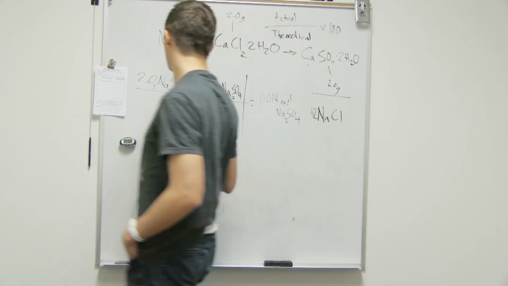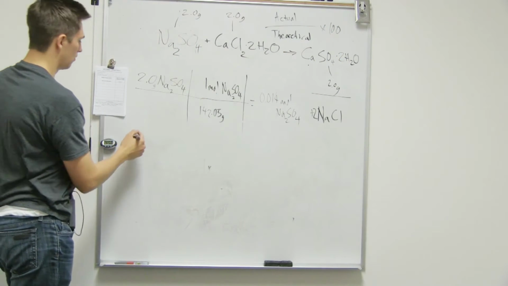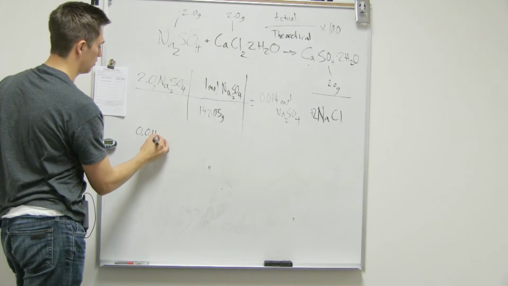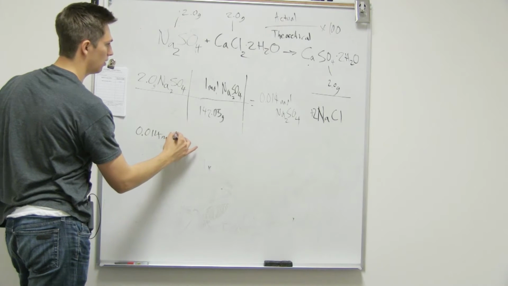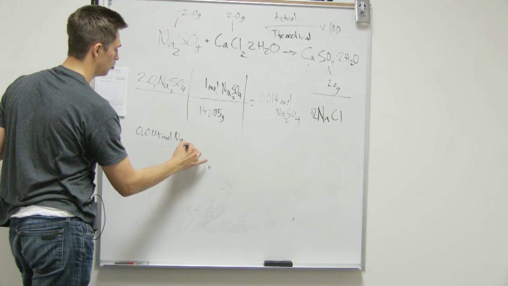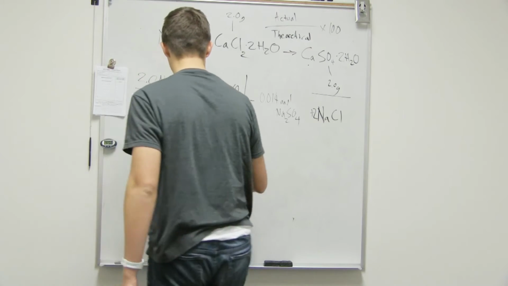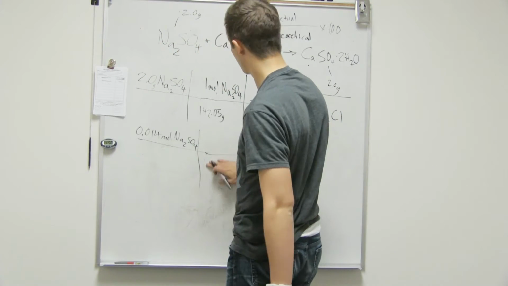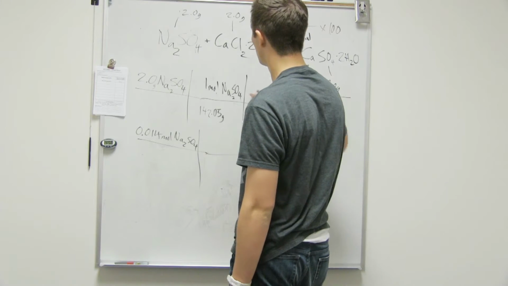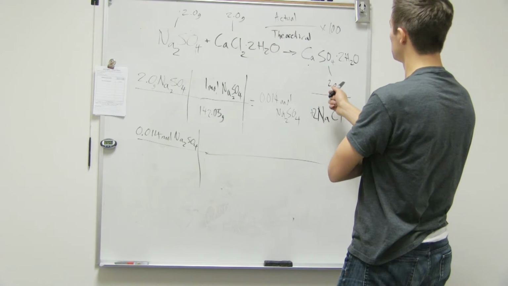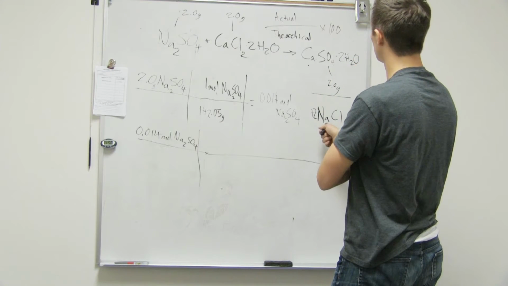Come down here. I'm going to do 0.014 moles of Na2SO4. We can use the molar ratio, which is 1 to 1. As far as I'm concerned, we are balanced.